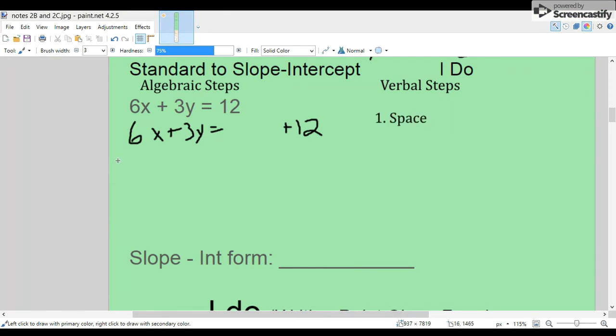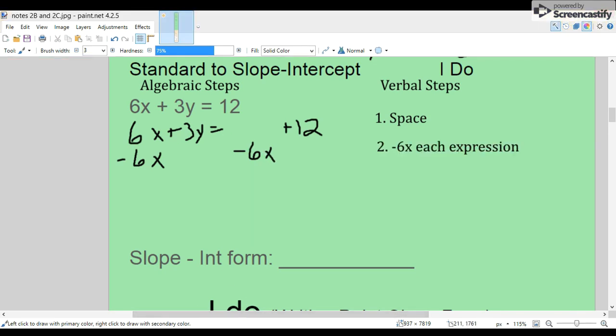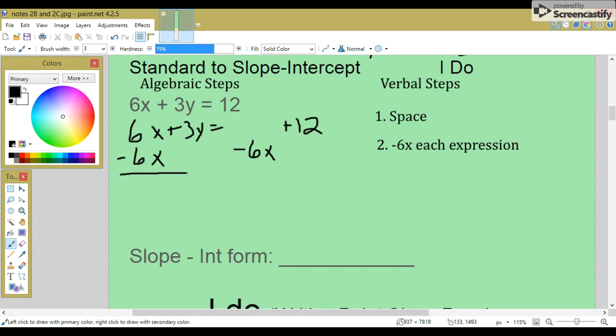Subtract 6x from each expression. So minus 6x, both sides of the equation. This is 0, they cancel. We have 3y equals negative 6x plus 12.